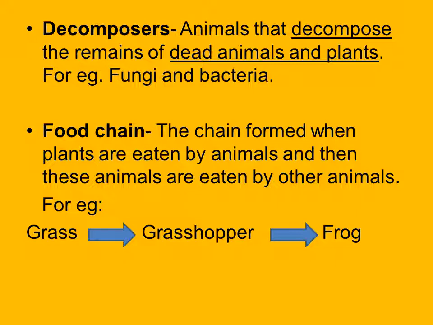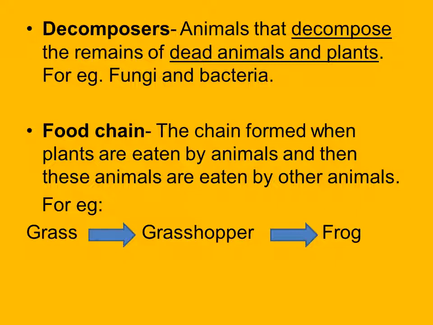Next is food chain: the chain formed when plants are eaten by animals and then these animals are eaten by other animals. A food chain always starts with the plants at the lowest level. So when plants are eaten by animals and that animal is further eaten by another animal.